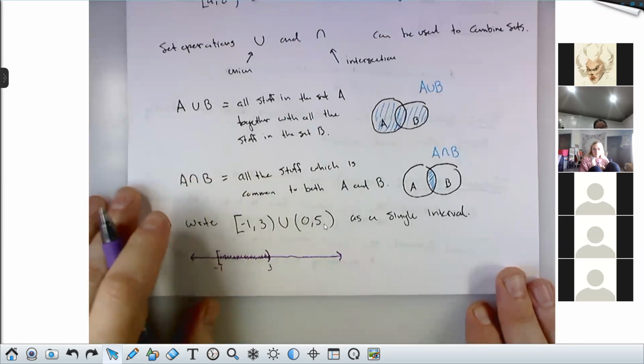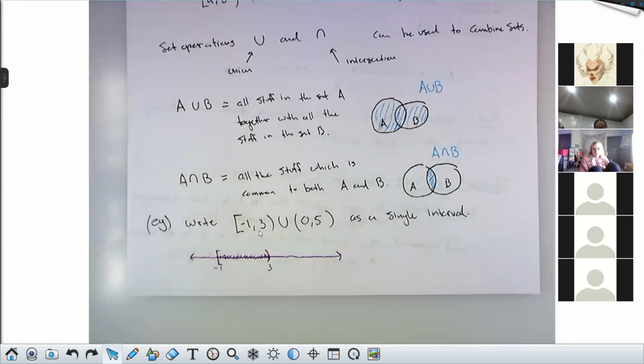Again, the bracket and parentheses mean what they do in the interval notation. So -1 is included in this set, and everything up to, but not including 3, is in the set. So it's all the numbers that are strictly smaller than 3 and bigger than or equal to -1. That's this first set.